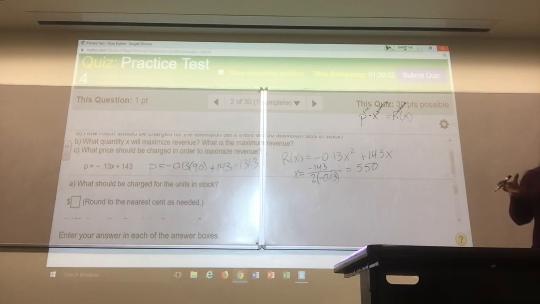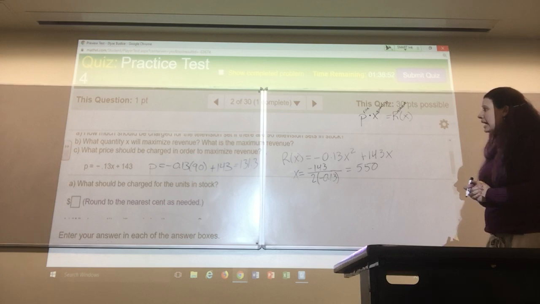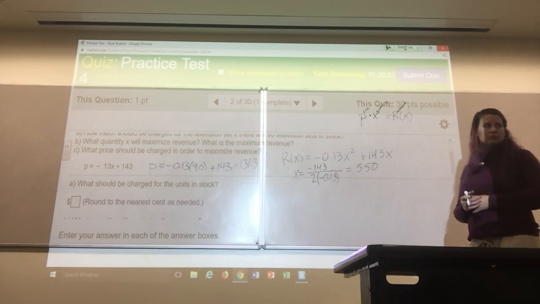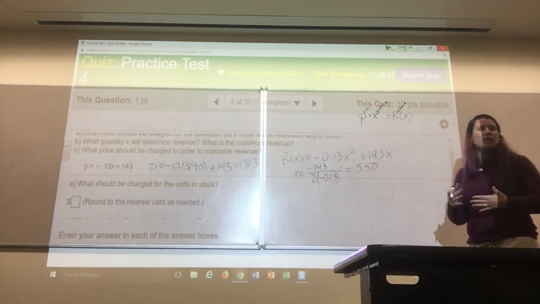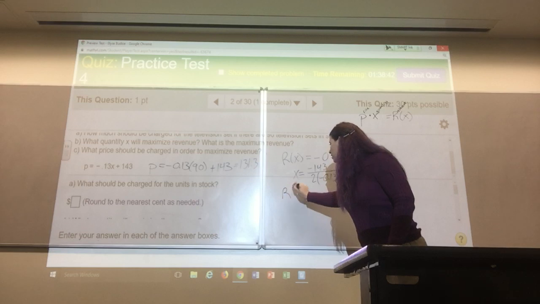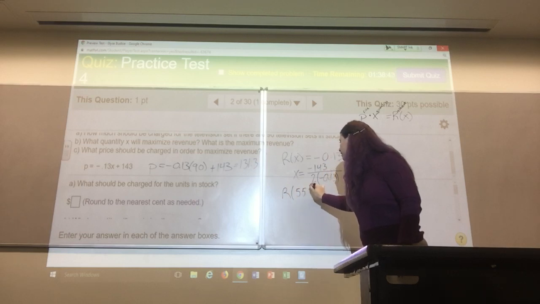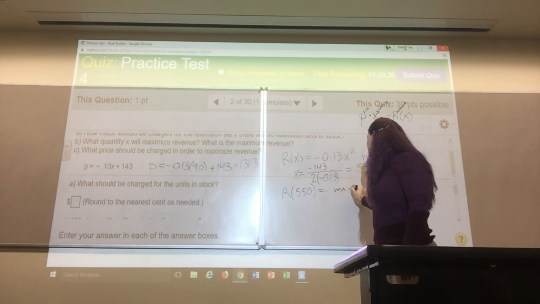Remember, revenue is the maximum amount of dollars that we bring in by selling product. We don't keep it all, but it's the max that we can bring in. So now, what is the maximum revenue? How do we find the actual amount that we bring in? Plug it in. So just find R of 550, whatever that is, the max revenue.